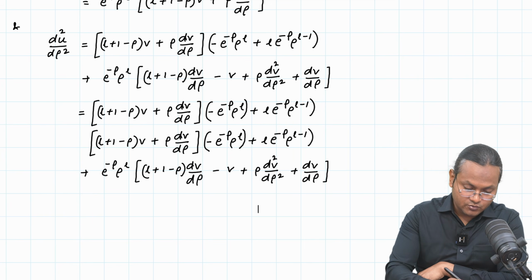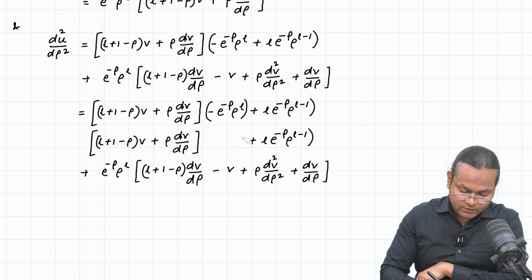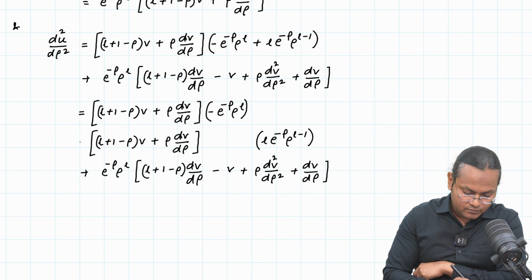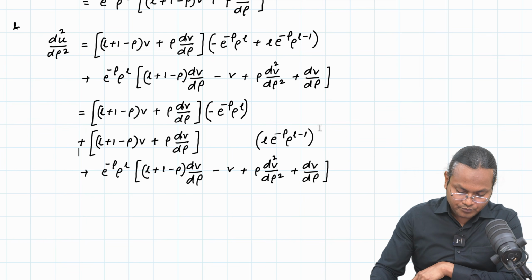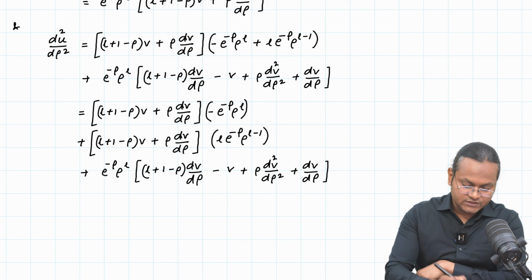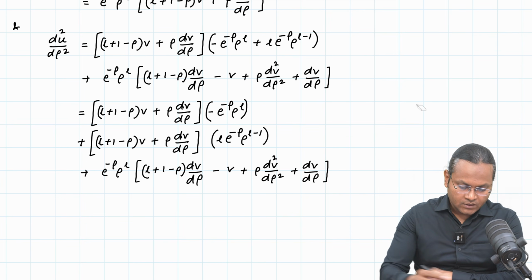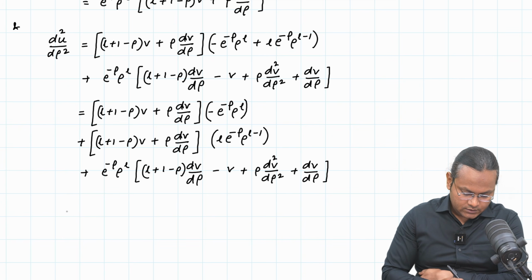Here just remove this part and you're left with this particular term, okay, and here you remove this particular term. That's it. Now it looks a little bit more elaborate. So now what we will do is we'll take something common amongst all these three expressions. So here let us take this particular expression e to the power minus rho times rho to the power L as a common term.